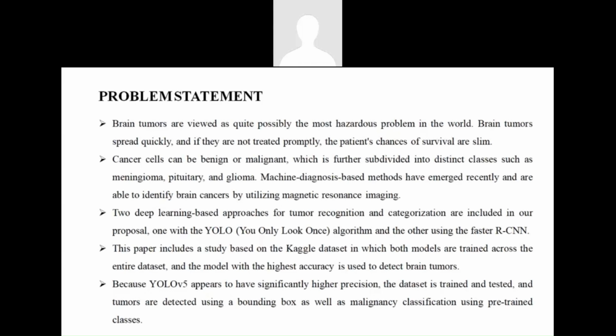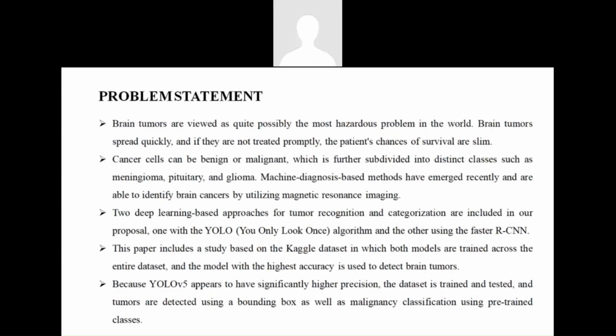It picks each region and classifies what it is, whether it is black or white. It can convert the image pixels into grayscale images and let us know the tumor. So we can see some difference between YOLO and Faster RCNN.